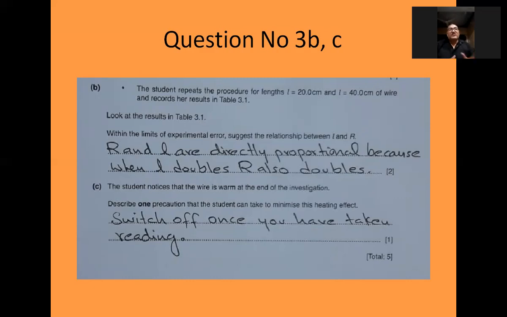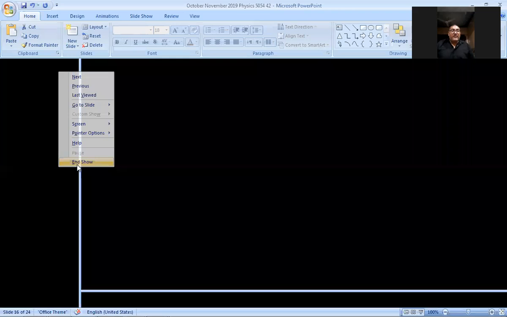You keep the switch closed for a very short time and then immediately switch off. This will avoid the heating of the wire. I have written the answer for the C part: switch off once you have taken the readings. So that was question number 3, and it was of 5 marks. Hopefully you have understood this.